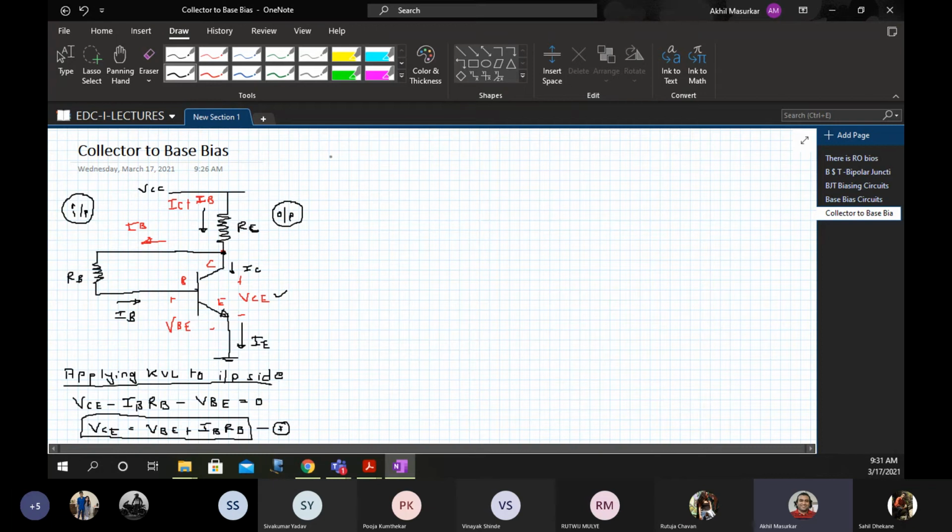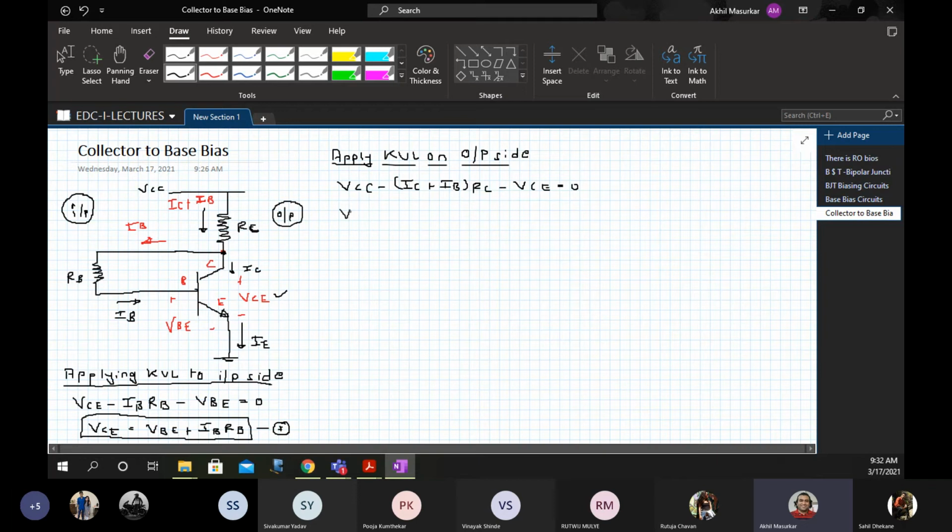Now I'll apply KVL on the output side. So we can say that is going to be VCC minus (IC plus IB), which is the current flowing through RC, minus VCE equal to 0.